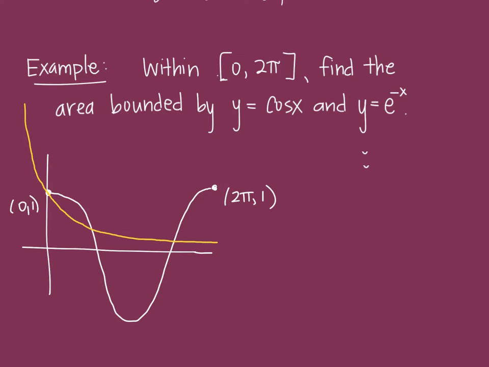And so our area is going to be this little tiny sliver here, and I'll need to find the intersection point, followed by this large part, and even though it dips down below the x-axis, you don't have to worry about that.